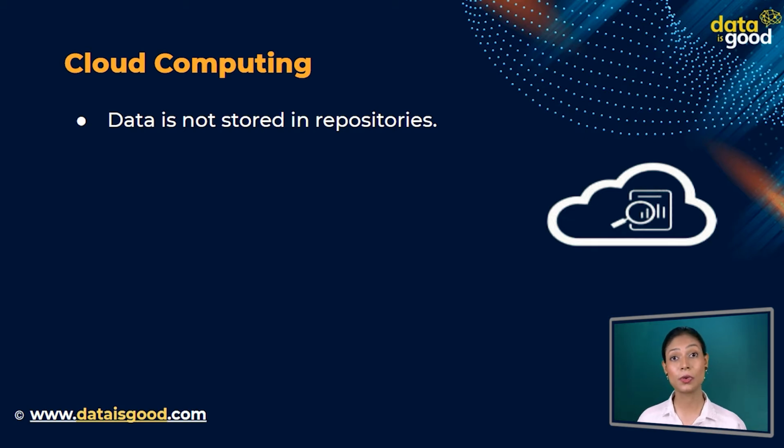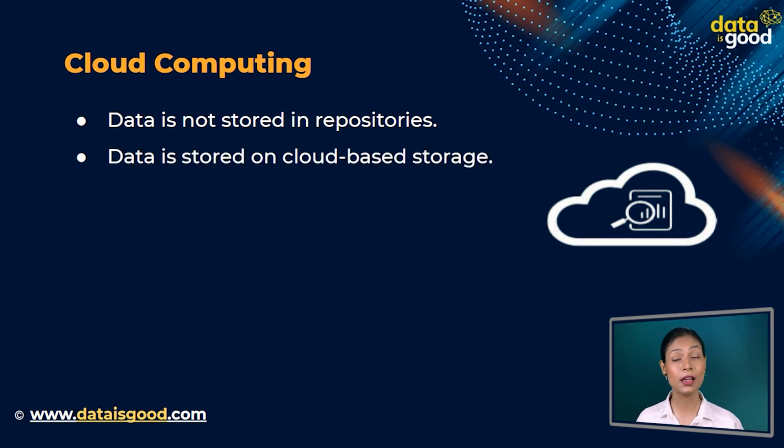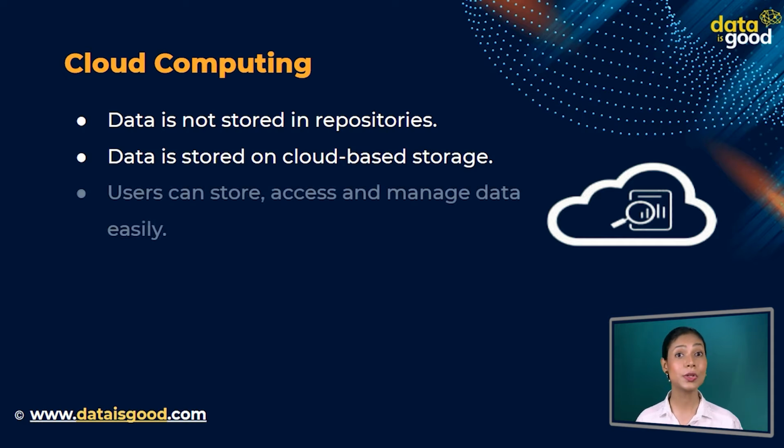Users, instead of storing files on a proprietary hard drive or local storage device, store data on cloud-based storage. This allows the users to save data over the internet because users can store, access, and manage data quite easily.